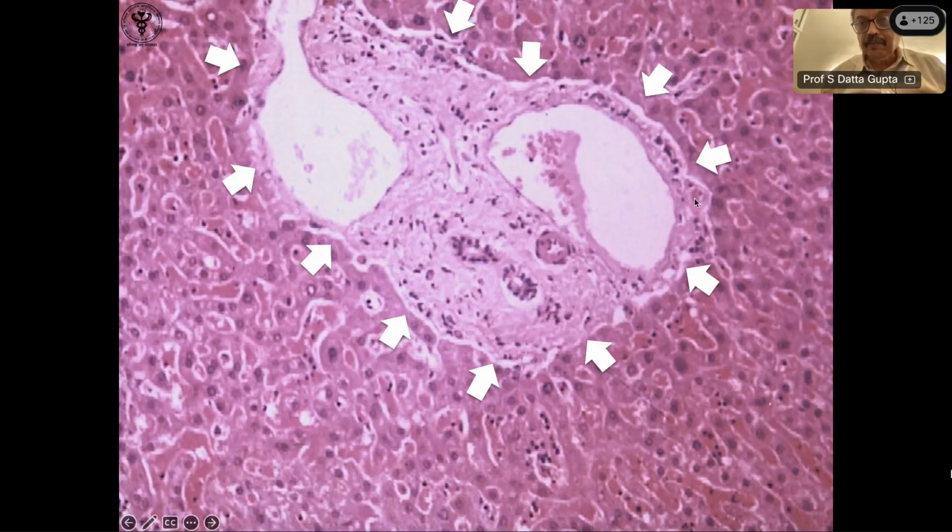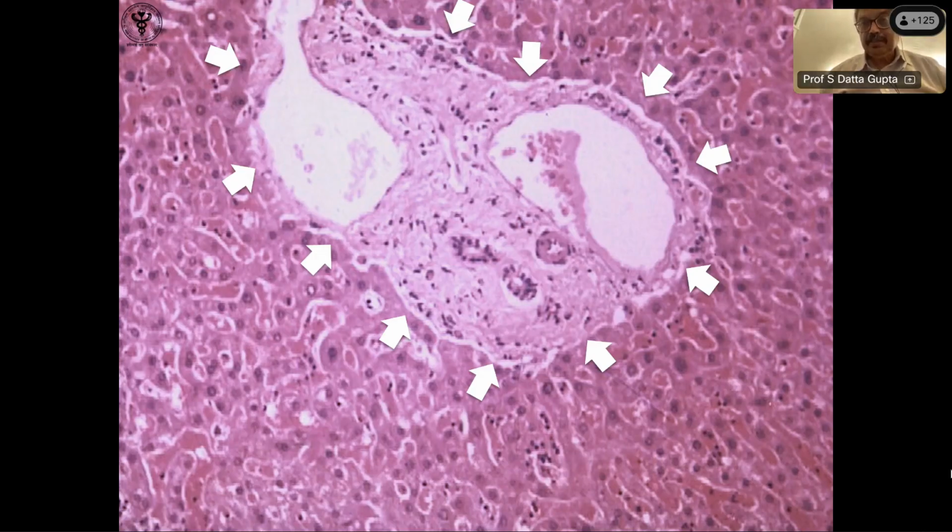The limiting plate consists of hepatocytes rimming the portal tract. If they are damaged by inflammatory cells, it is called interface hepatitis. Just like in lichen planus, you have interface dermatitis damaging the basement membrane and the basal layers of the epidermis.